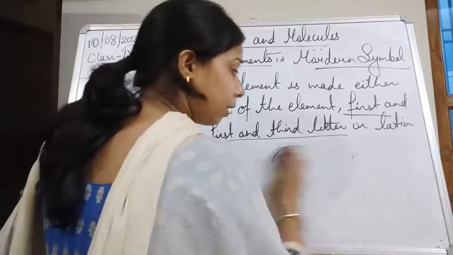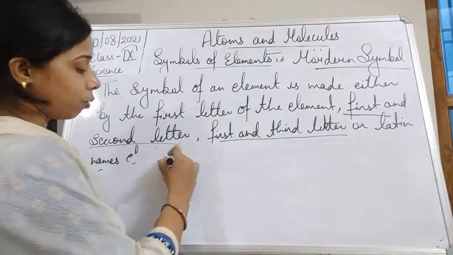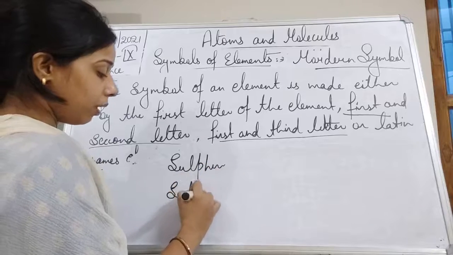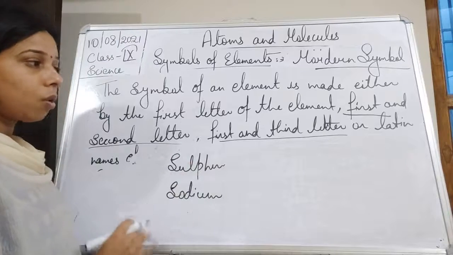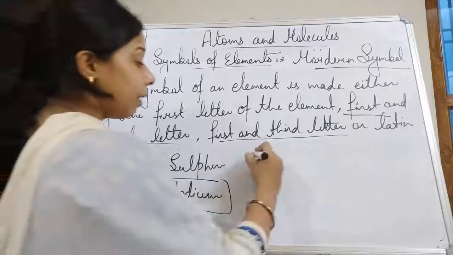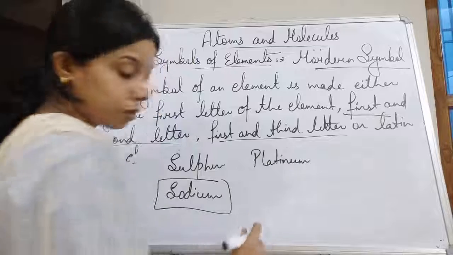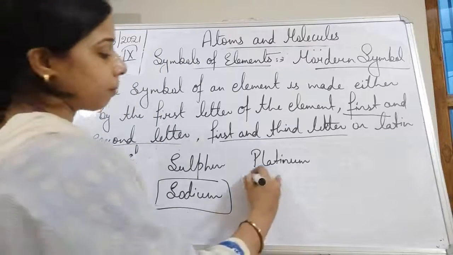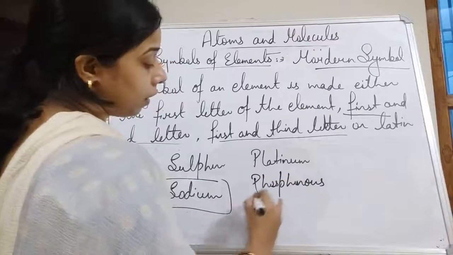Now the same thing which I explained right now for C, students, you can see for sodium also. Sulfur is there, sodium is also there, strontium is there. These all start with S. The same thing with platinum, then phosphorus, then potassium.